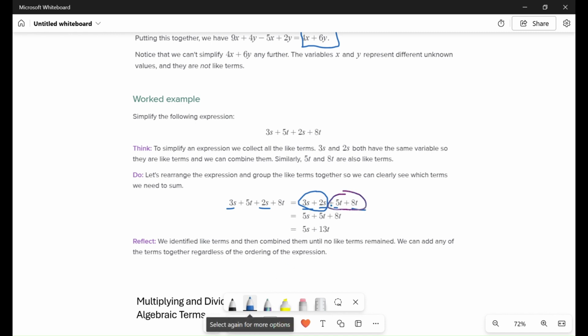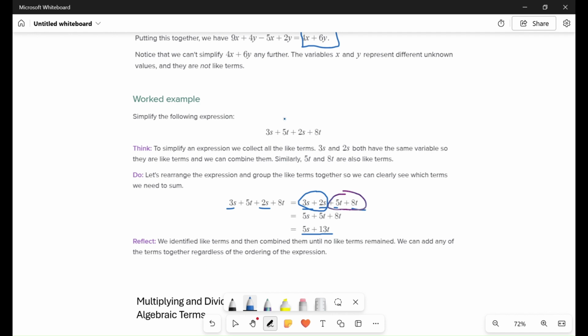So 5s plus 5t plus 8t, which is 5s plus 13t. We identified like terms and combined them until no like terms remained. We can add any of the terms together regardless of the ordering of the expression. Make sure that you simplify the expression and write it in its simplest form.